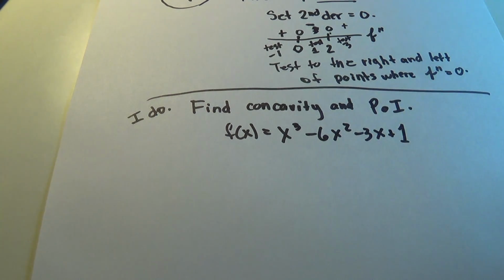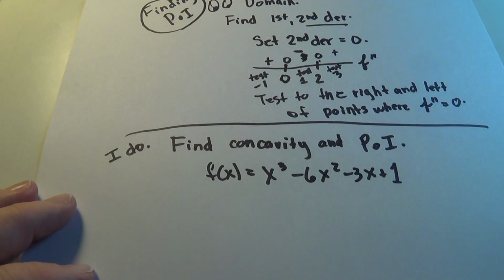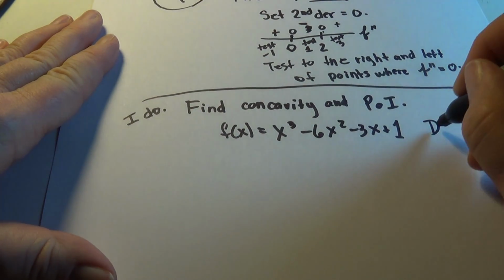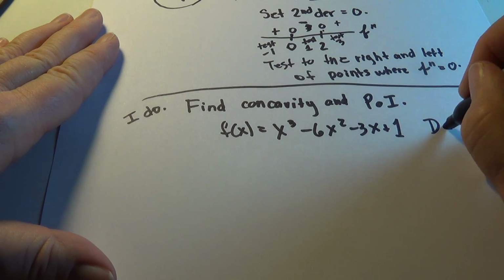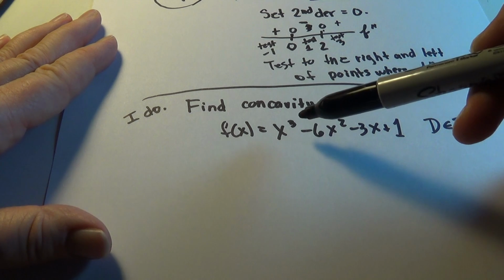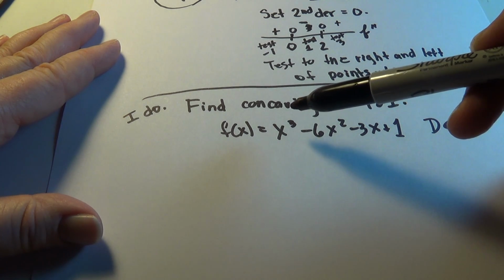All right, so we're going to take this function, and as I said up here, we have to find the first and second derivatives. Oh yeah, look at the domain. So for the domain, the domain is an element of the reals. This is a polynomial. Polynomials are smooth curves with no sharp turns, skips, or hops, or jumps.